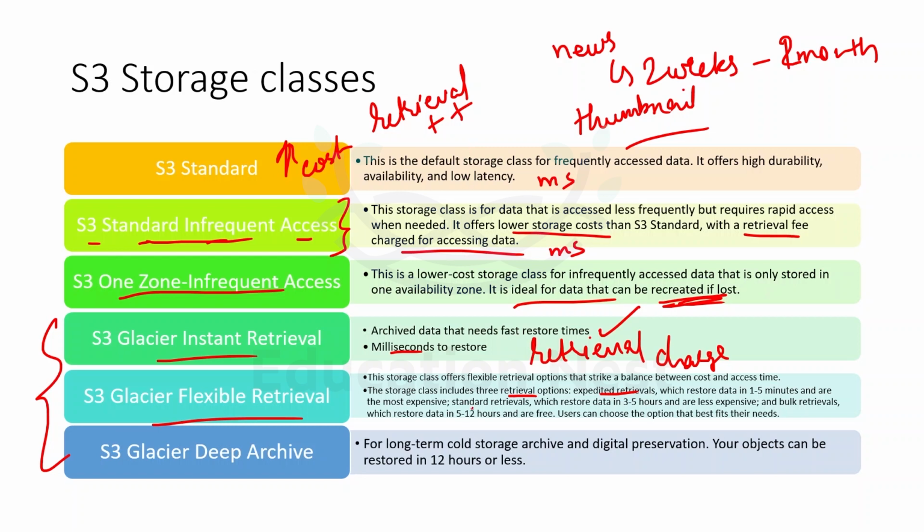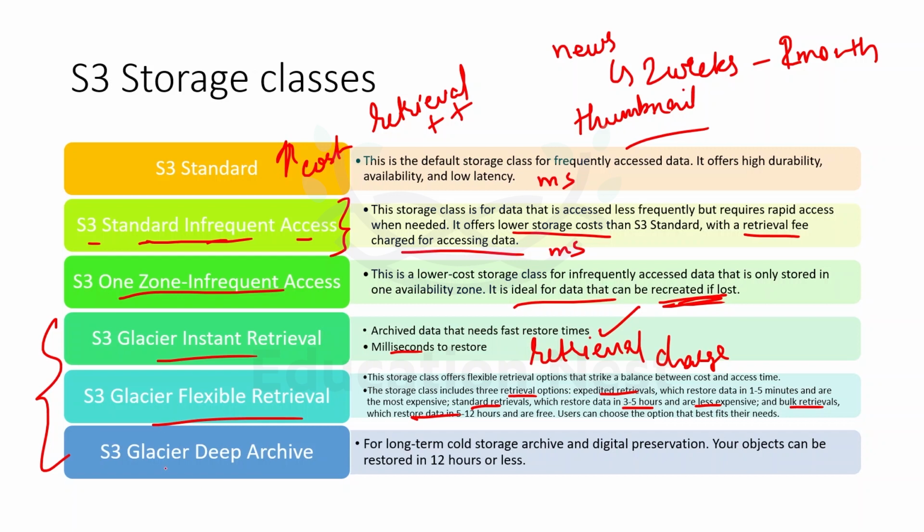The same applies to standard retrieval, but it is less expensive and will take 3 to 5 hours to restore your data. And lastly, bulk retrievals, which restore your data in 5 to 12 hours and are free. So you can choose the option that fits your particular data.